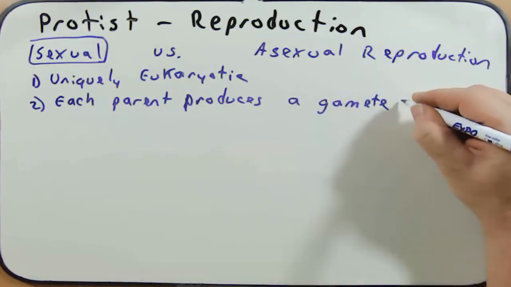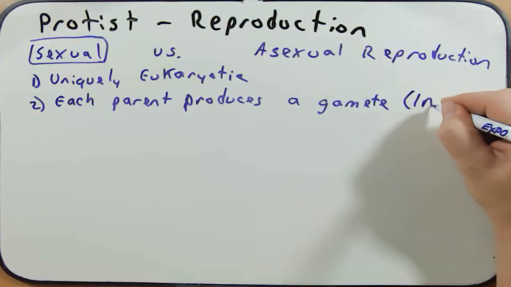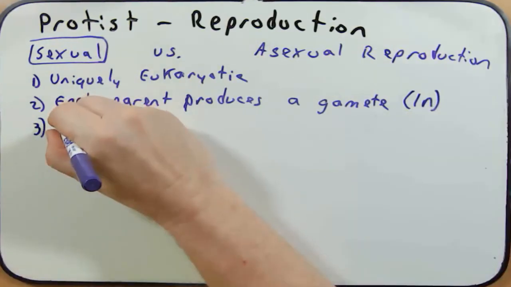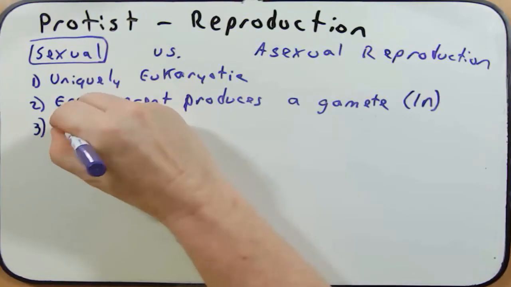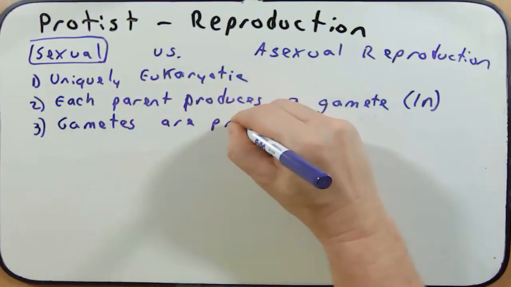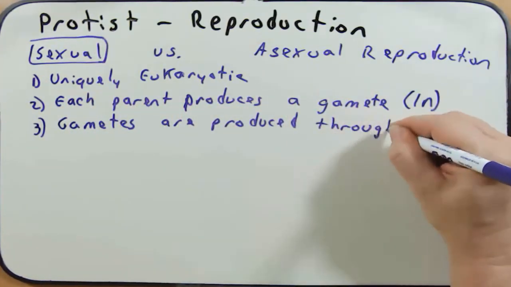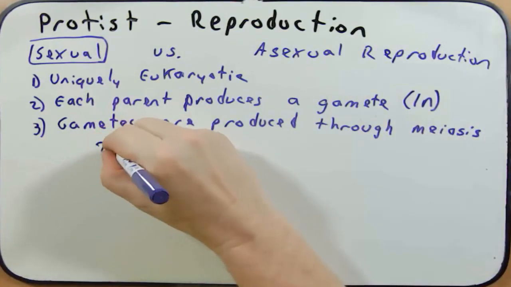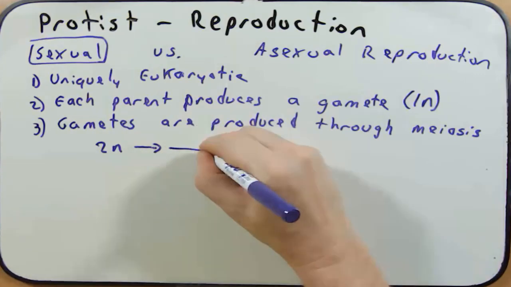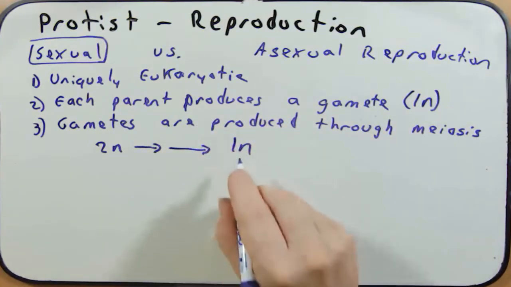These gametes are haploid, 1N. Gametes are produced through a cell division process called meiosis. Essentially, meiosis takes a diploid cell, 2N, and produces haploid cells, or haploid gametes.